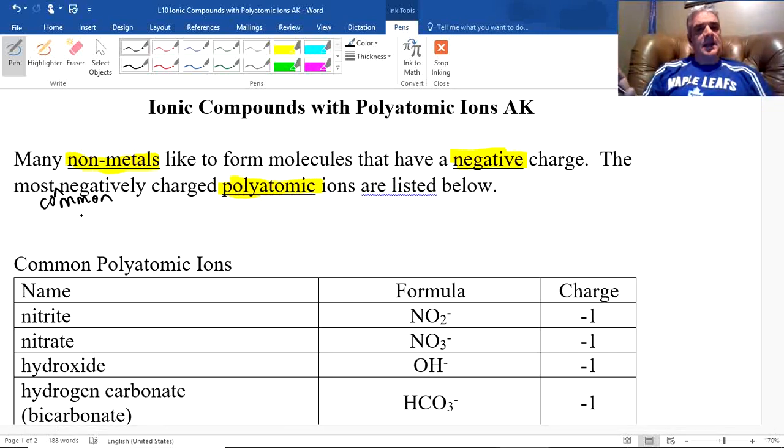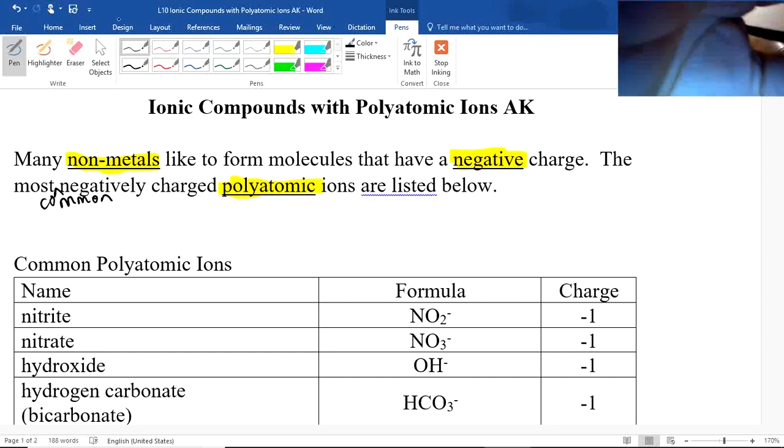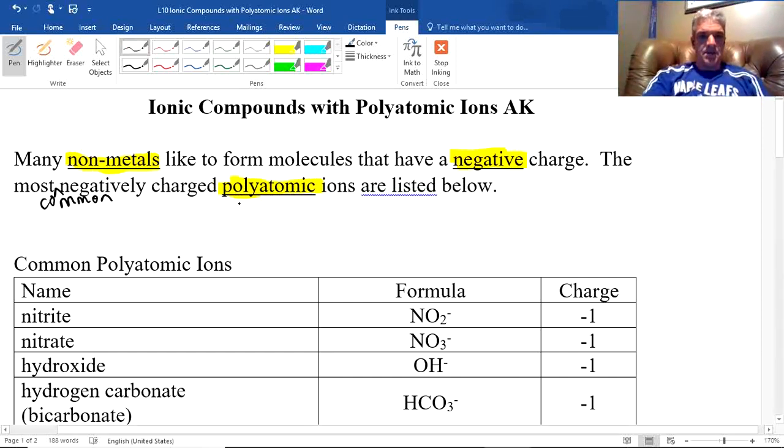Nobody asks anybody to memorize these, not even your grade 12 science students or even in university. You do become very familiar with them if you do chemistry, and they kind of stay part of your memory. Now, the word poly means many, so polyatomic means many atoms.